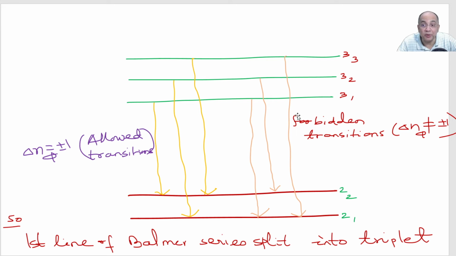But which are forbidden? Now see, from 1 to 1, change is 0. From 2 to 2, change is 0. And from 3 to 1, change is 2, which is also forbidden. So delta n phi is not equal to plus minus 1. These are forbidden transitions. They will result in no detectable intensity.